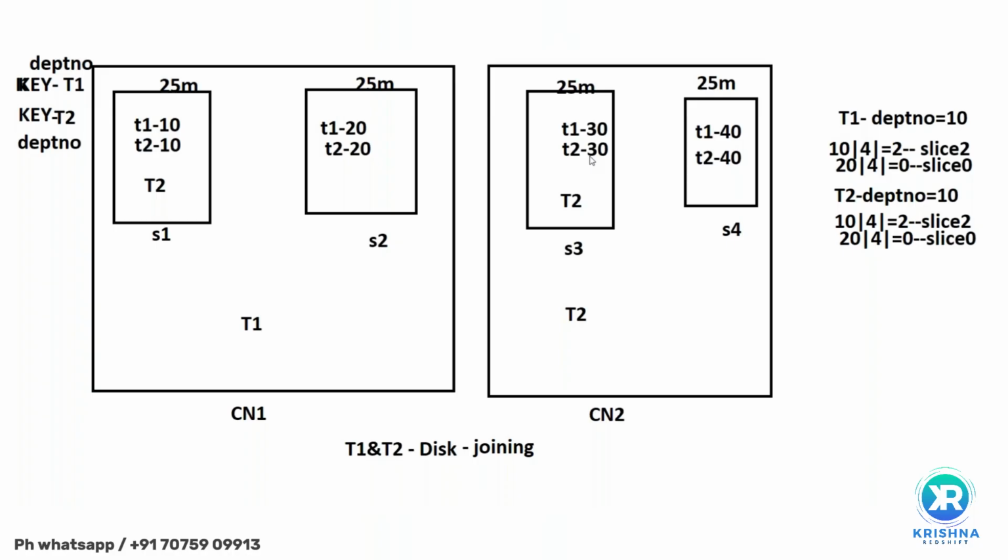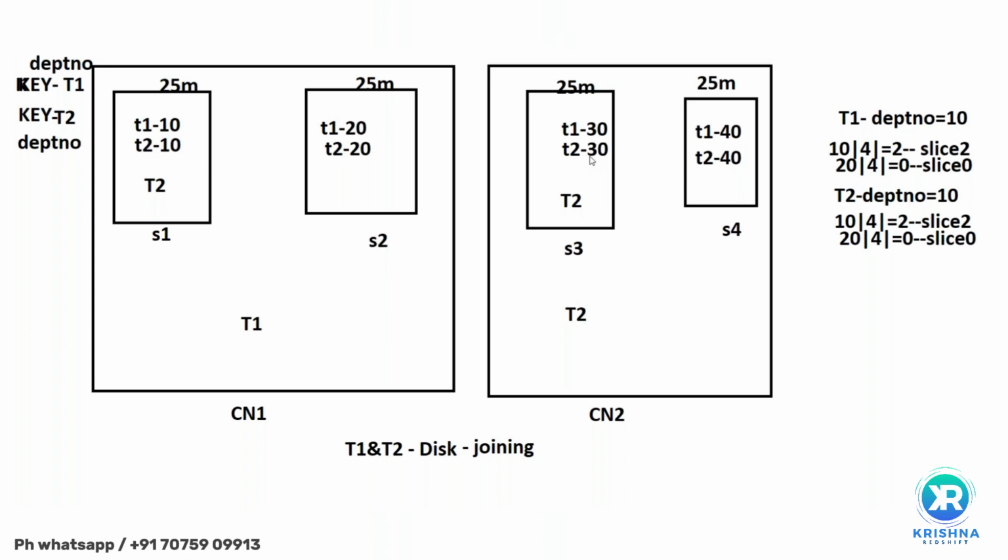Suppose there are 50,000 employees and 50 departments, then it will not be evenly distributed. The HR department will not have 1,000 people, it will have hardly 50 or 60 or 100, and production will have more employees, maybe even 25,000.